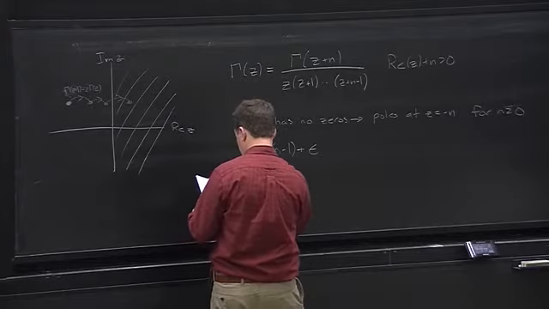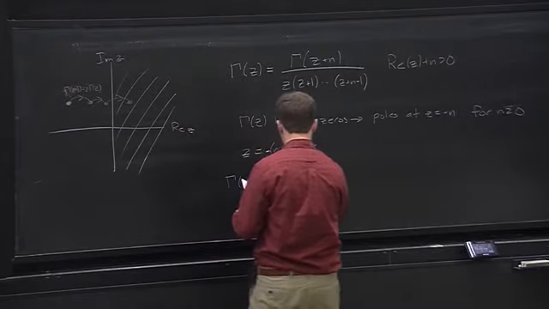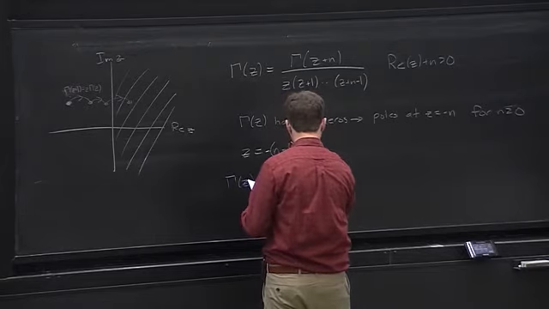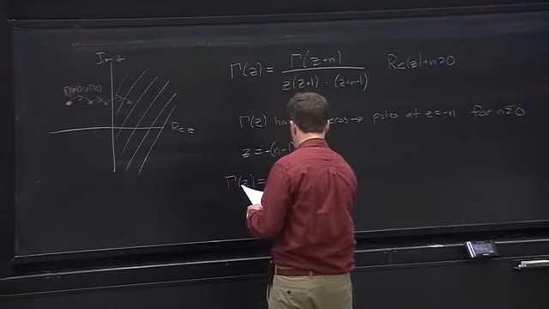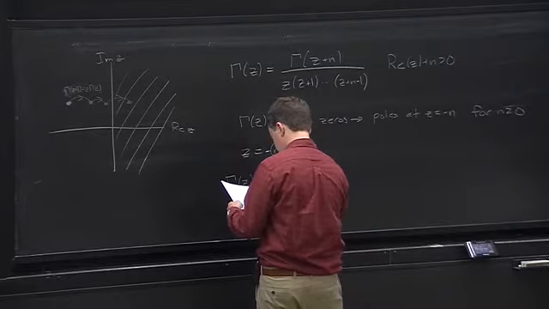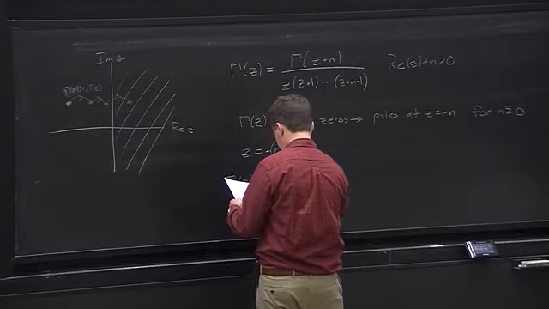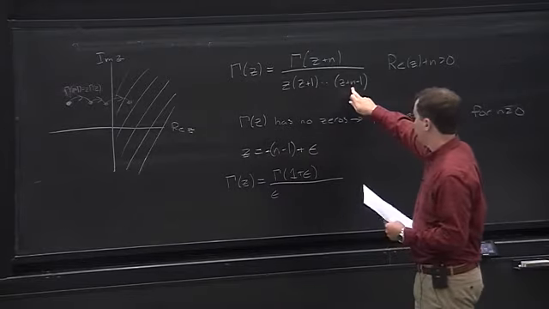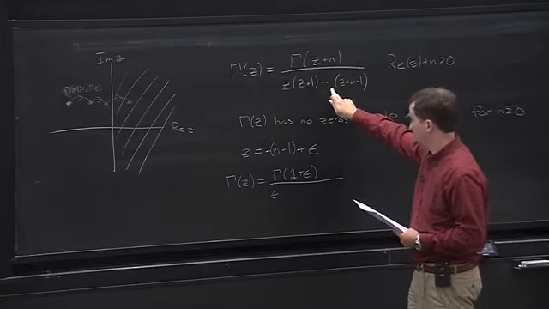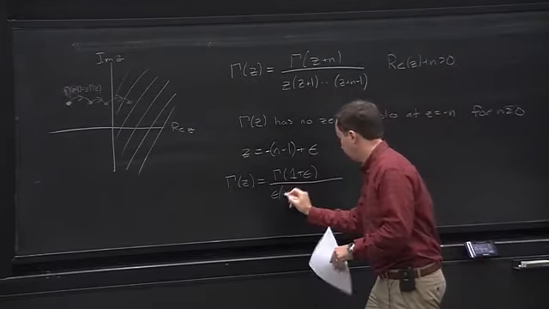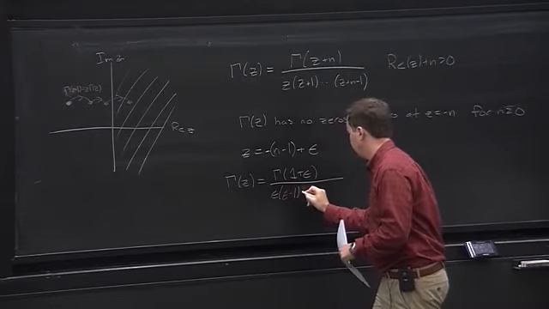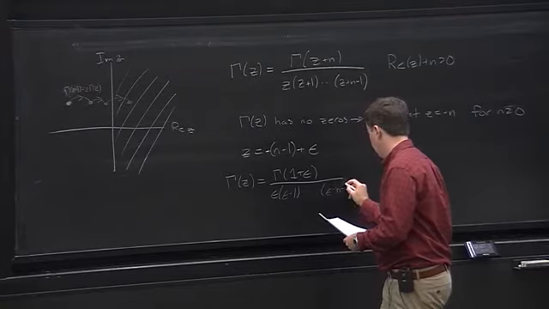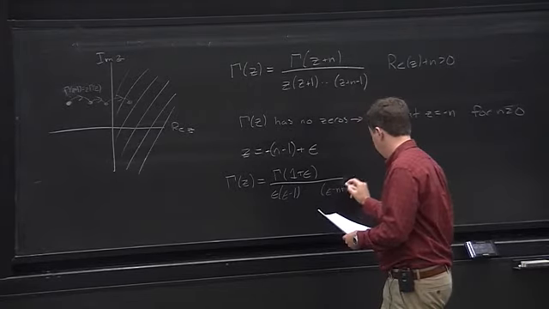And in that case, just using this equation up here, we get gamma of z is, so this first factor will just give us an epsilon. The next one will give us an epsilon minus 1, and so on, all the way down to epsilon minus n plus 1.